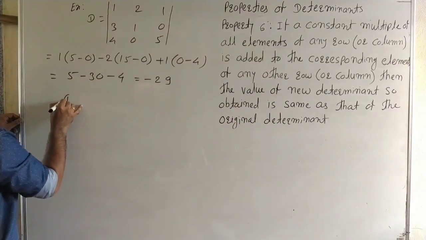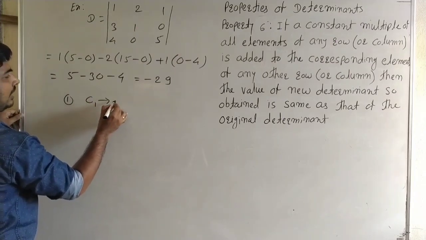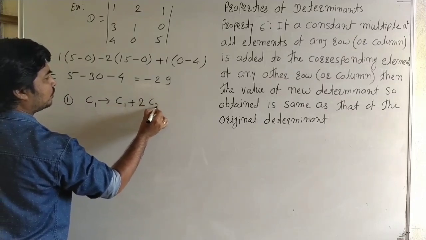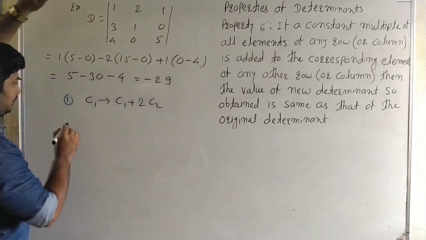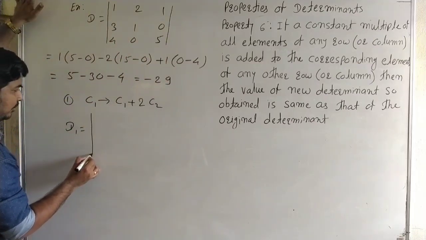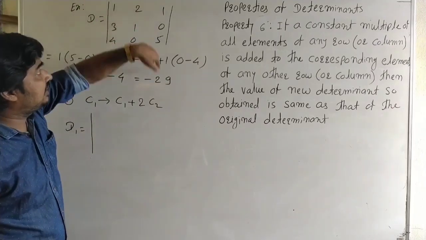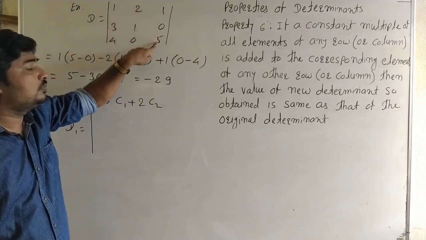Here first calculation we can see: change the C1, and C1 plus 2C2. The calculation is column 1 plus 2 into C2. Therefore, of the obtained determinant, see carefully, we change the C1, so C2 and C3 as it is. Here it is column 1, column 2 and column 3.